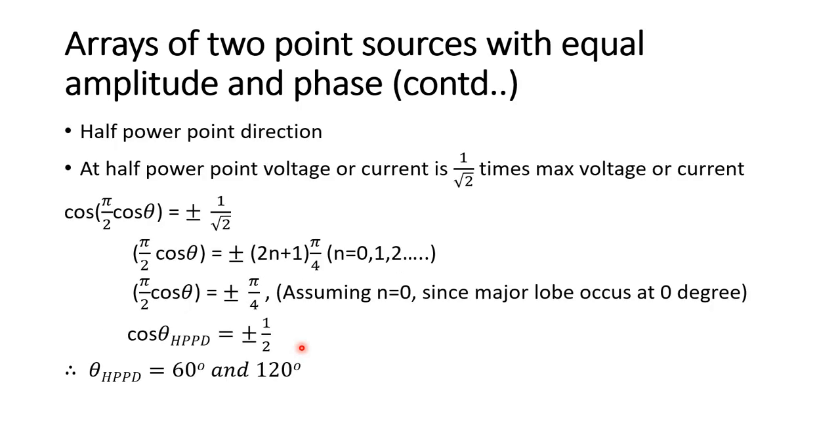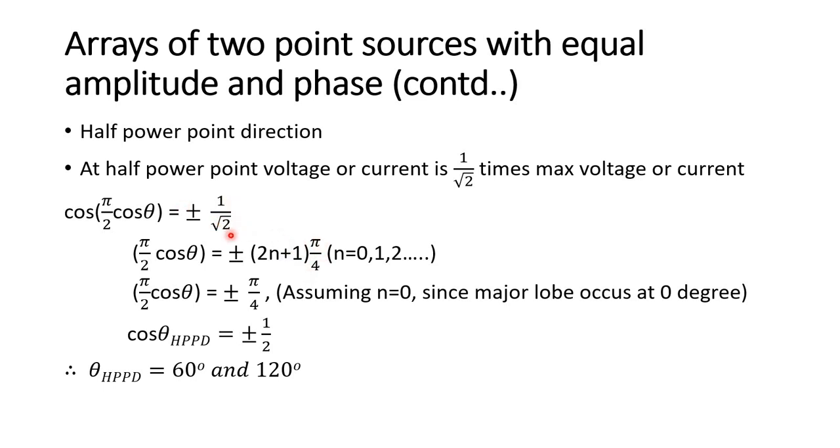Next, you have to find the half power point directions. At the half power point, voltage or current is 1 by root 2 times the maximum voltage or current. So here we have to equate it to plus or minus 1 by root 2. So pi by 2 cos theta is equal to plus or minus (2n plus 1) pi by 4, since cos inverse of 1 by root 2 is pi by 4.